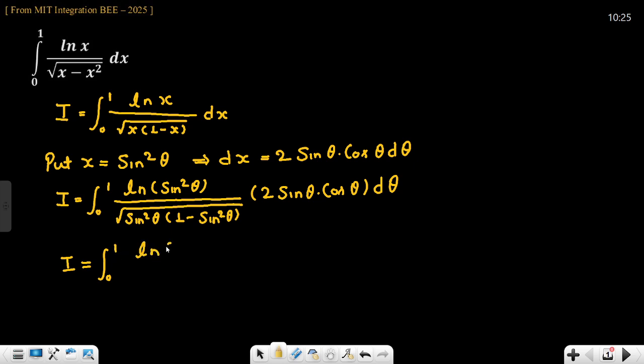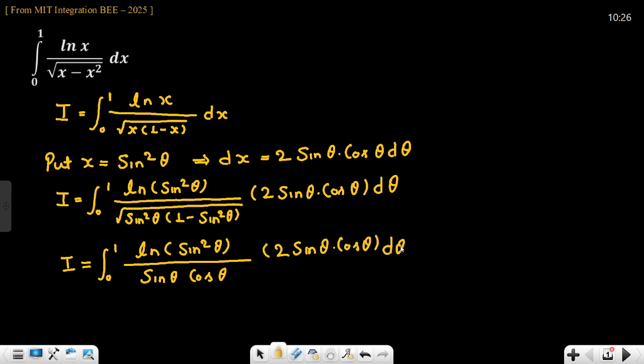Now the integral I is equal to the integral of ln sine squared theta upon, this is sine squared theta and 1 minus sine squared theta is cos squared theta. So the square root is sine theta into cos theta, and 2 sine theta into cos theta d theta, right?